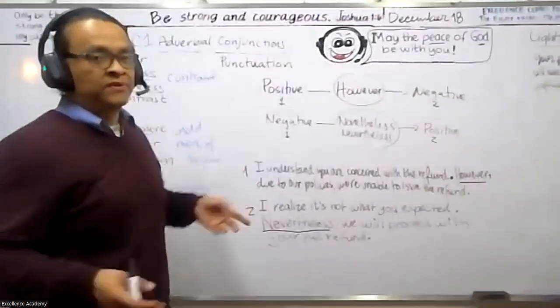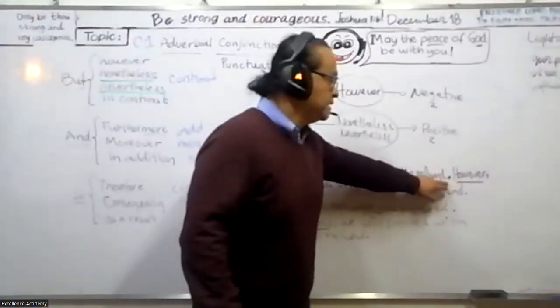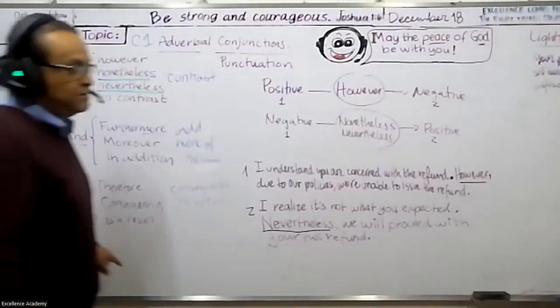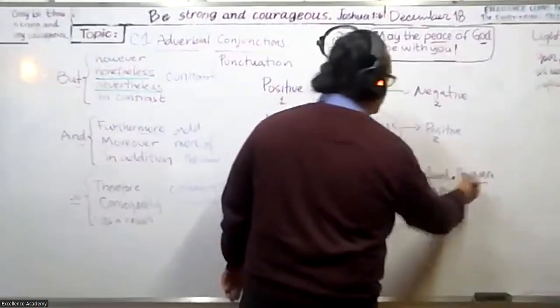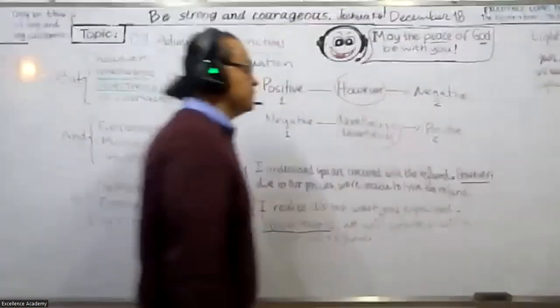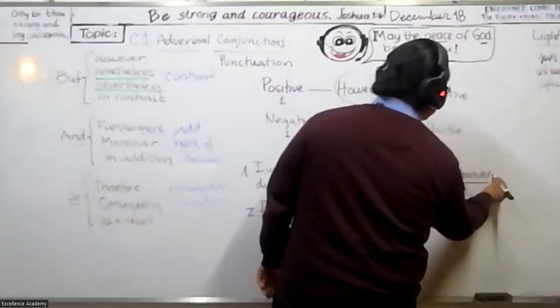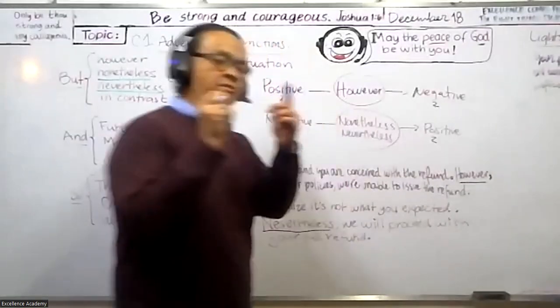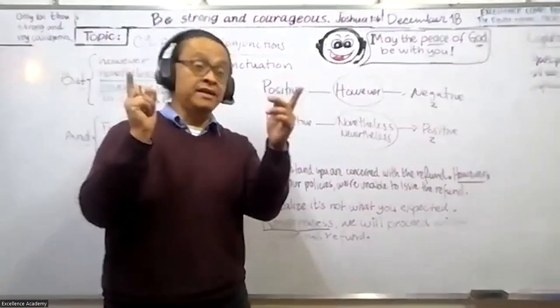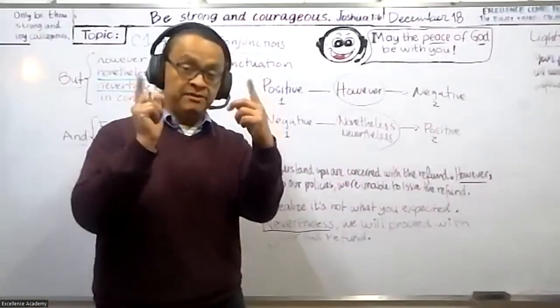Then you're going to start the adverbial conjunction after a full stop or period, followed by a comma. So you enclose the adverbial conjunction between a period and a comma.